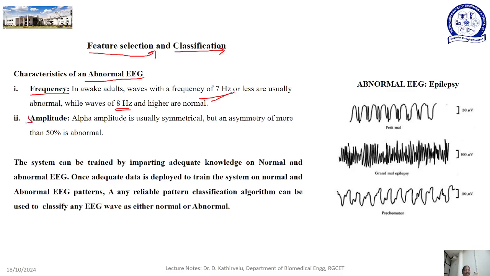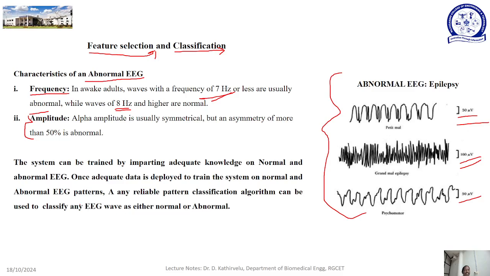Similarly, 25 microvolt is the threshold amplitude. Any amplitude greater than 25 microvolt indicates a diseased condition. For example, epilepsy is a case where the amplitude is more than 50 to 100 microvolt. So these are the abnormal states of EEG.